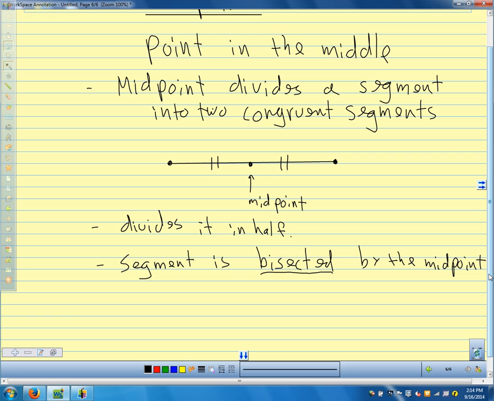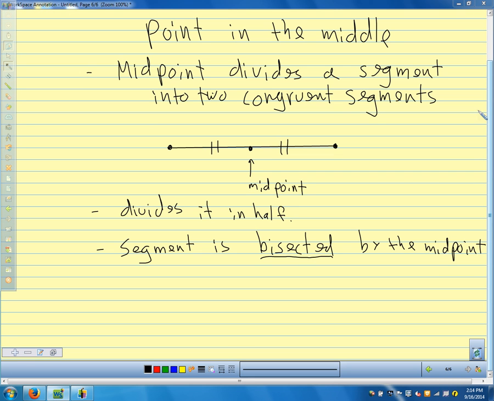And lots of things can bisect things. It could be bisected by a line. We could have a line that goes right through the middle. It could be bisected by another segment. It could be bisected by a plane. So our segment can be bisected by lots of different shapes. We say the segment is bisected, and we call the midpoint the segment bisector.